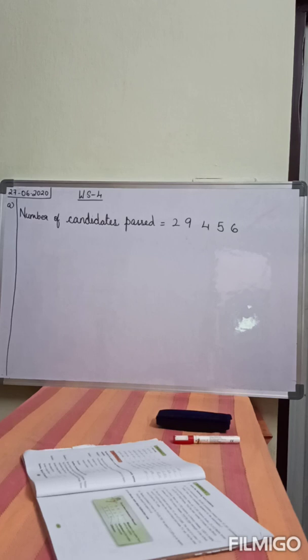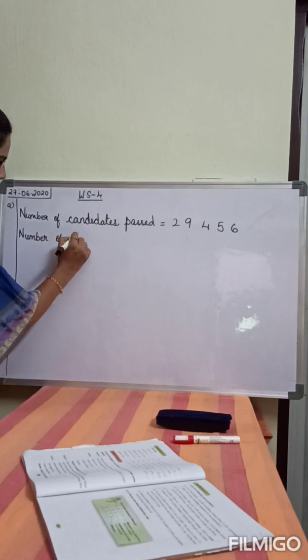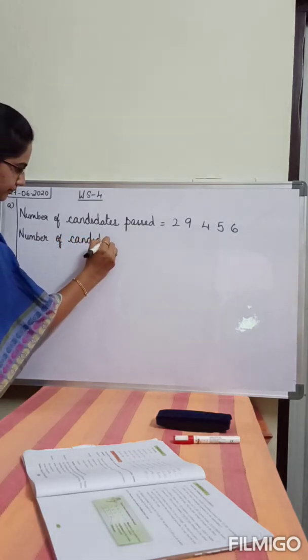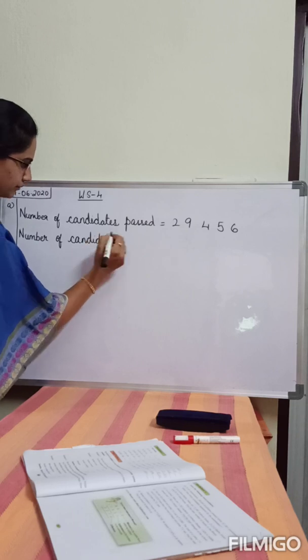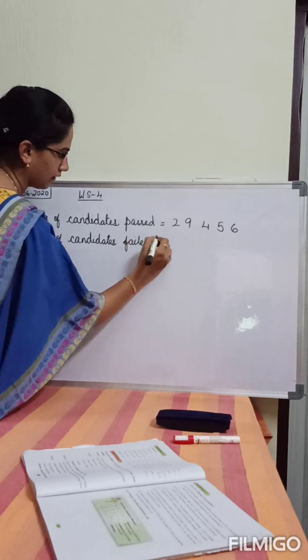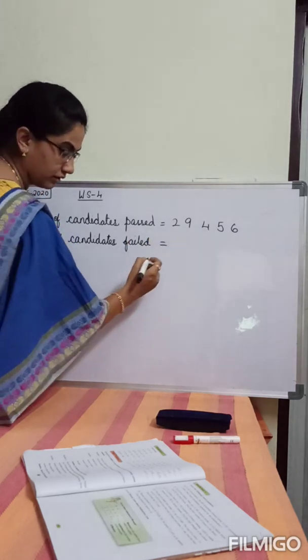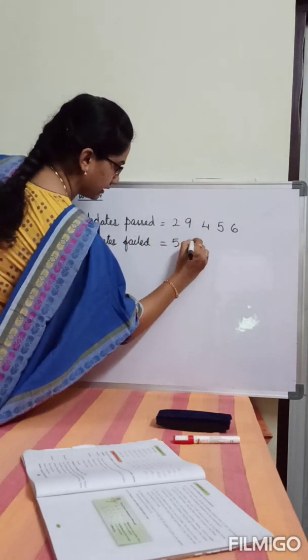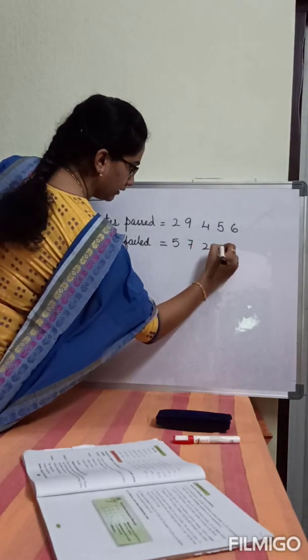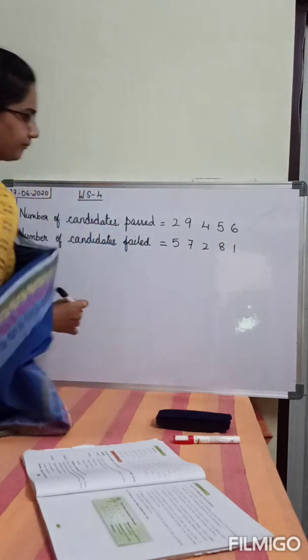57,281 candidates failed. So the second statement will be number of candidates failed is equal to 57,281.